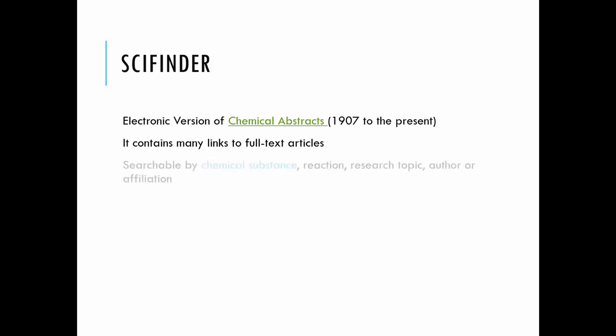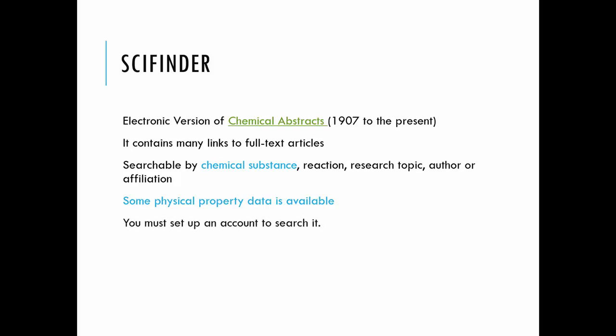You can search by chemical substance, reaction, research topic, author, or affiliation. So as far as this lecture is concerned, I'm going to show how it can be searched by chemical substance. And you will find some physical property data in SciFinder. And you must set up an account to search it. You only have to do this once in your time here at NJIT.